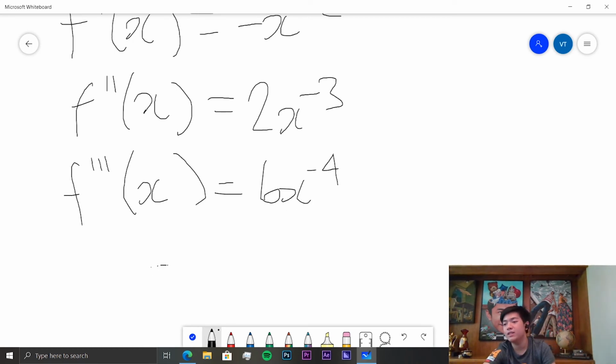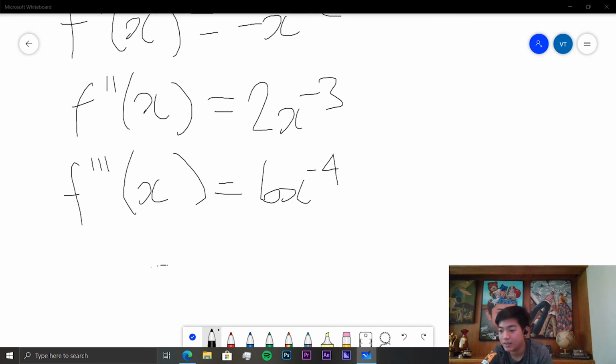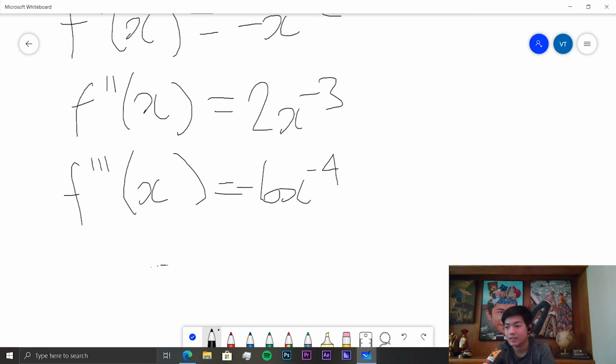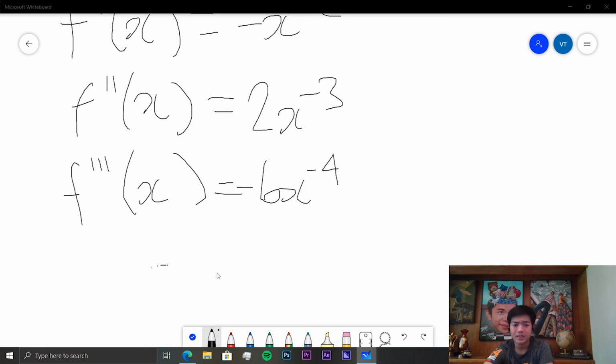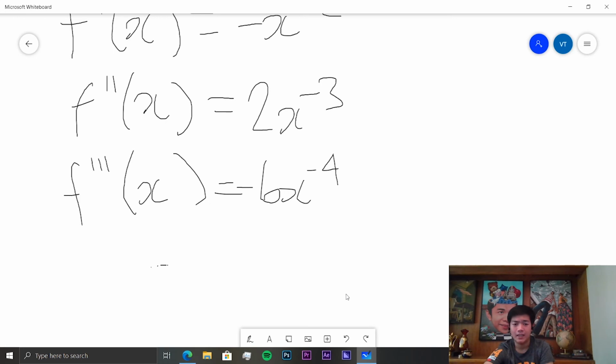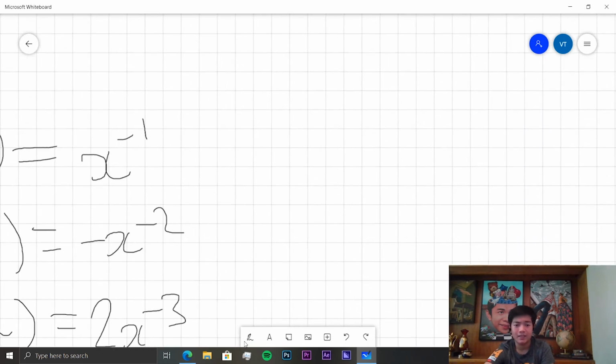And you can do the fourth and fifth derivatives by yourself, but I think it's unnecessary. Sorry, this is -6x to the -4. And so we need to conjecture an expression for f to the n of x.